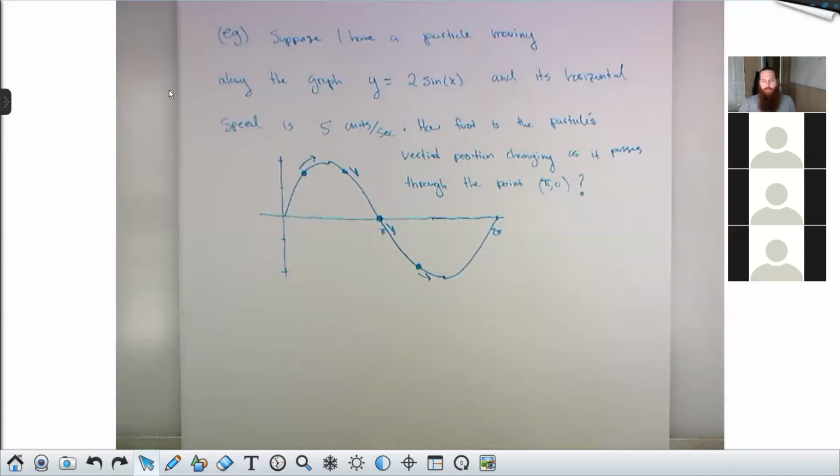Are we all clear on what the problem is asking for? Maybe not in terms of notation, but I mean just intuitively. Do we understand what we want?